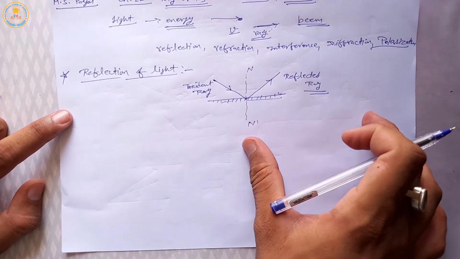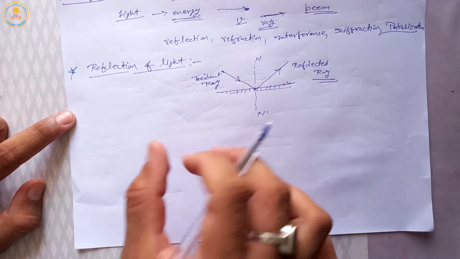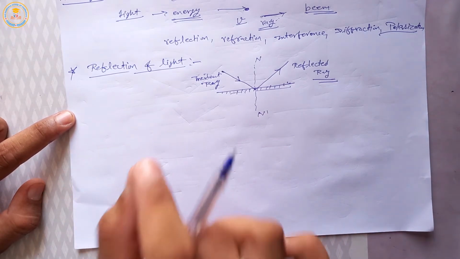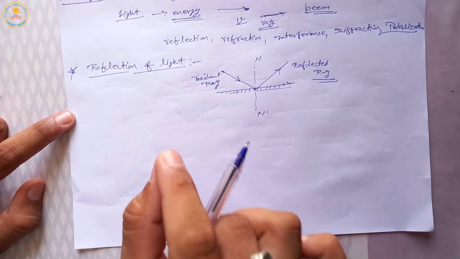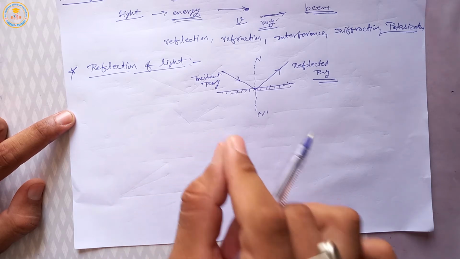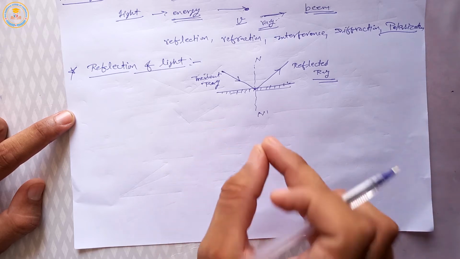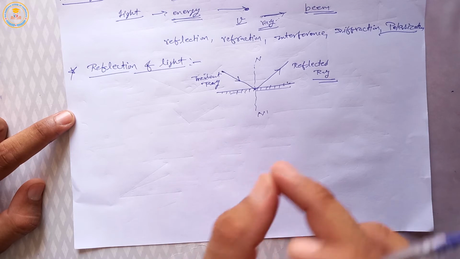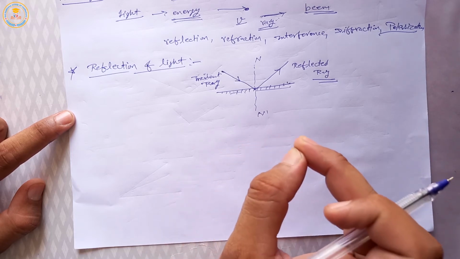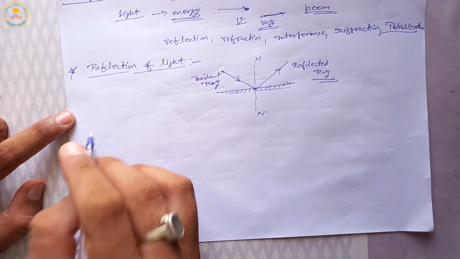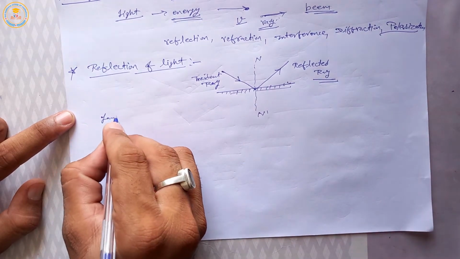This is very simple. Now, an important thing is that in a uniform medium, the velocity of light remains the same. Remember this thing. Now some laws of reflection of light. This is very important.